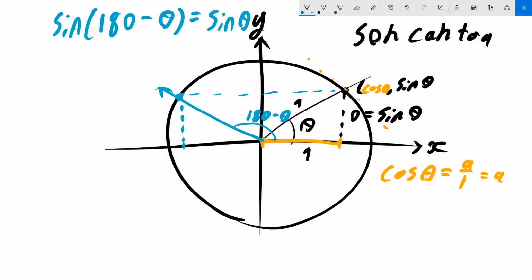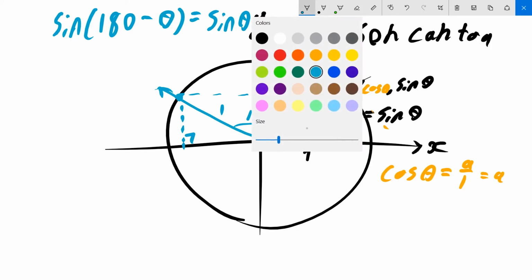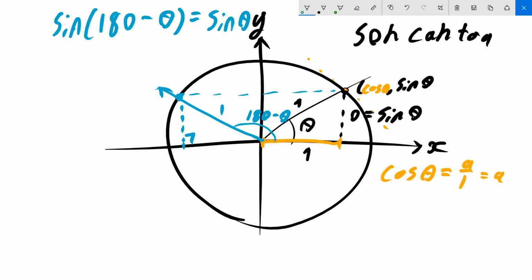We can make another right angle triangle. This can be 1, and we can call this theta here, and we can derive the same result. Well, okay, what about cosine of this new angle here? Now if we want the cosine of 180 degrees minus theta, what does that equal?